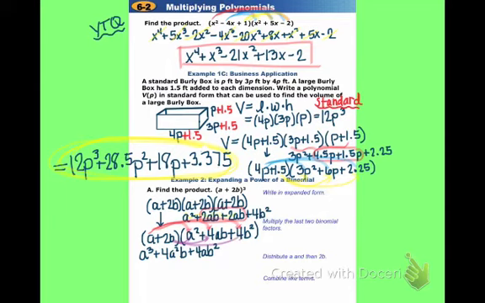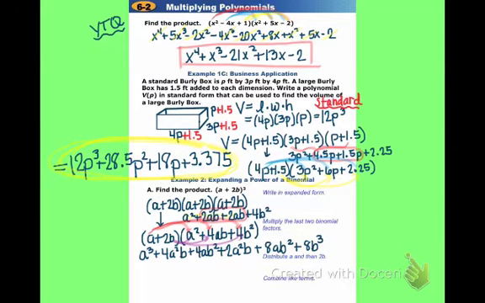And then the final thing will be to check to see if I have any like terms. So 2b times a squared is plus 2a squared b. Then the 2b times 4ab, that would be 8ab squared. And then finally the 2b by the 4b squared, and that would be plus 8b cubed.